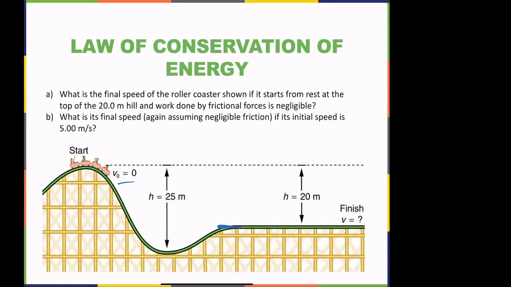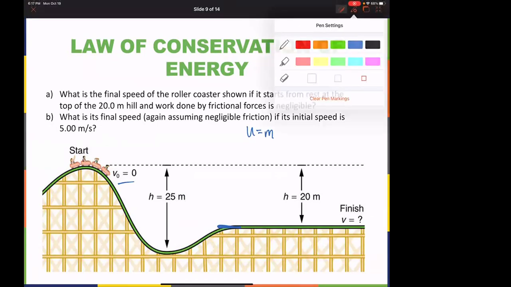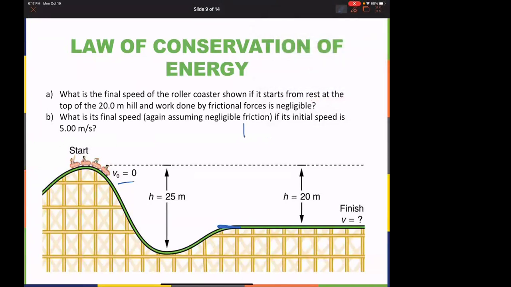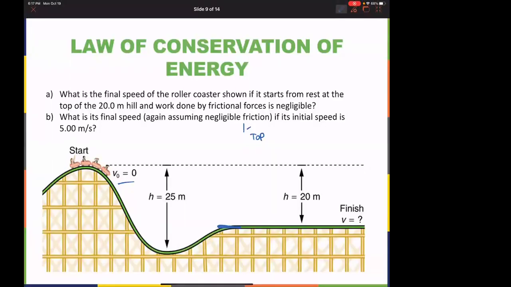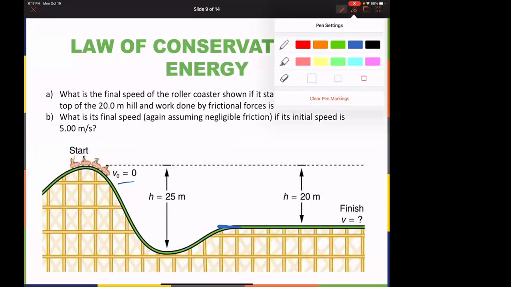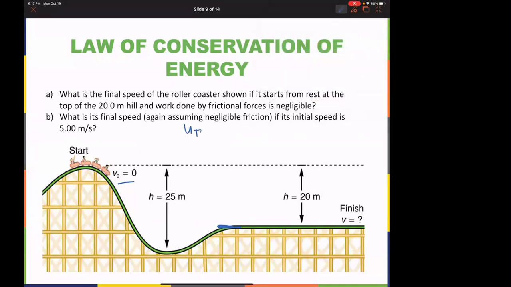I don't have a ton of room on this page because of the giant picture. This is a conservation of energy formula. U at the top equals U at the bottom.